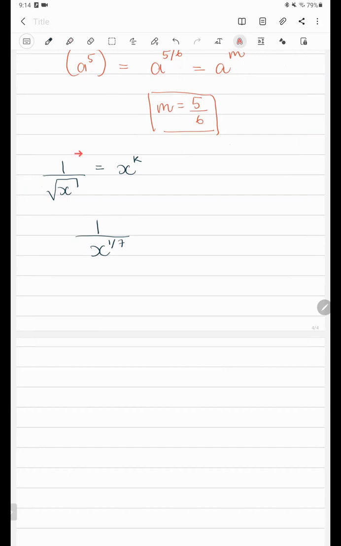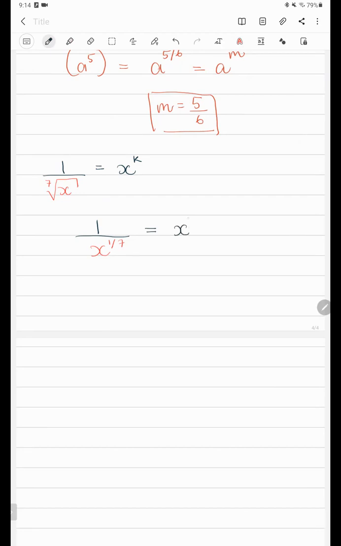And now when I bring it to the numerator, Mridula, what does it become?